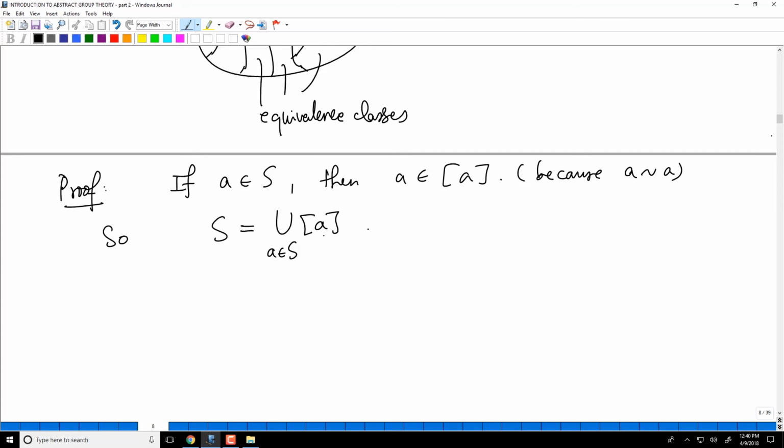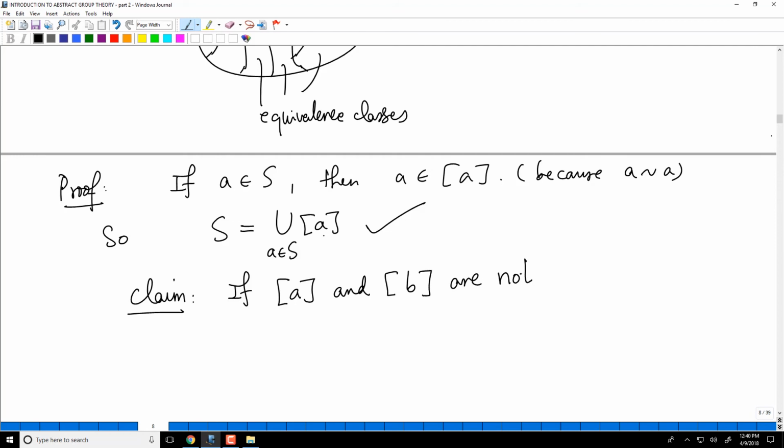So this is fine. Now on the other hand, I claim that if the equivalence class of A and the equivalence class of another element B are not disjoint, remember, disjoint means they have no common elements, then they are equal.